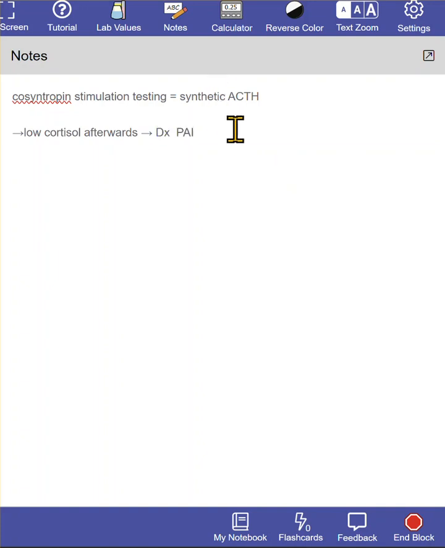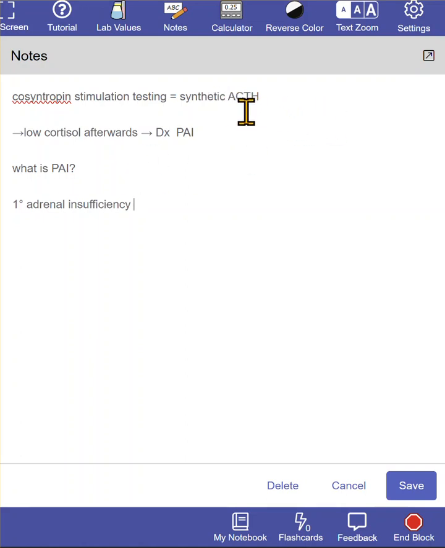So what is PAI? It's primary adrenal insufficiency. And so you would diagnose this by giving synthetic ACTH.